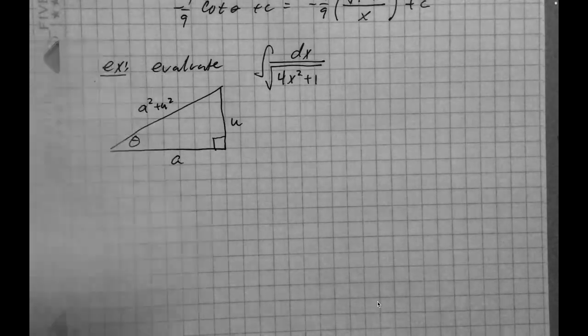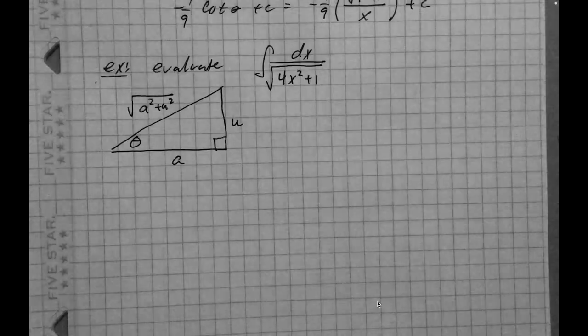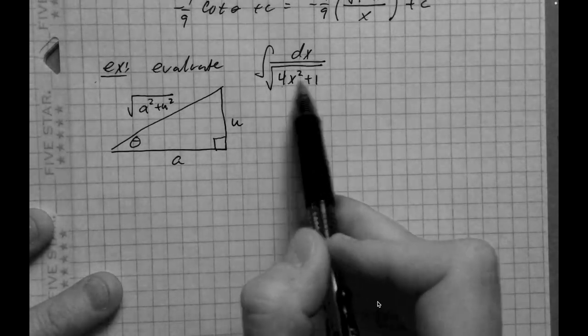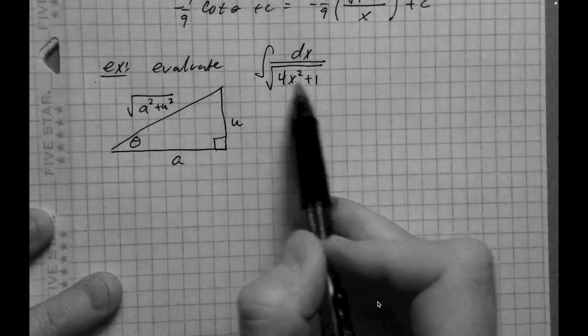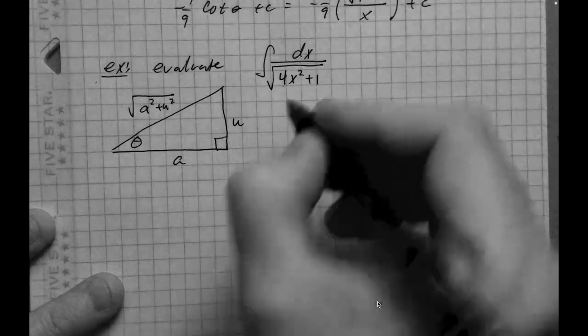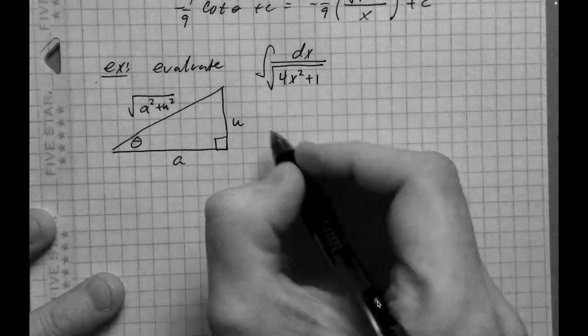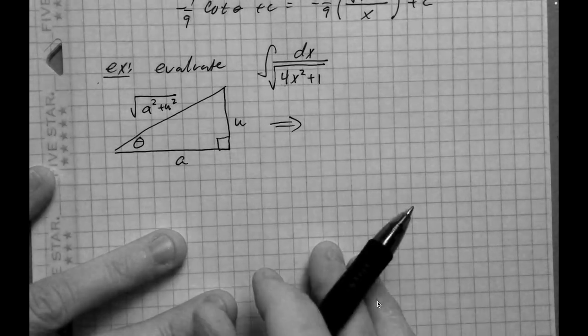Okay, so we have this guy here, and this kind of has that form. This is the square root of a squared plus u squared, where a is going to be 1 and u is 2x. So that's why this triangle is relevant.